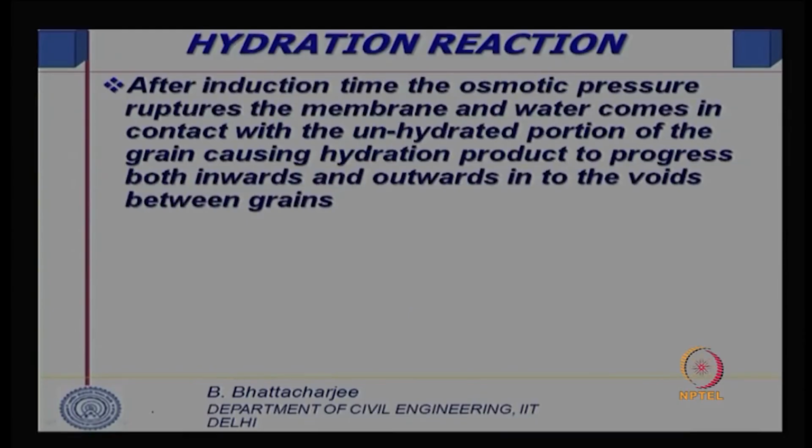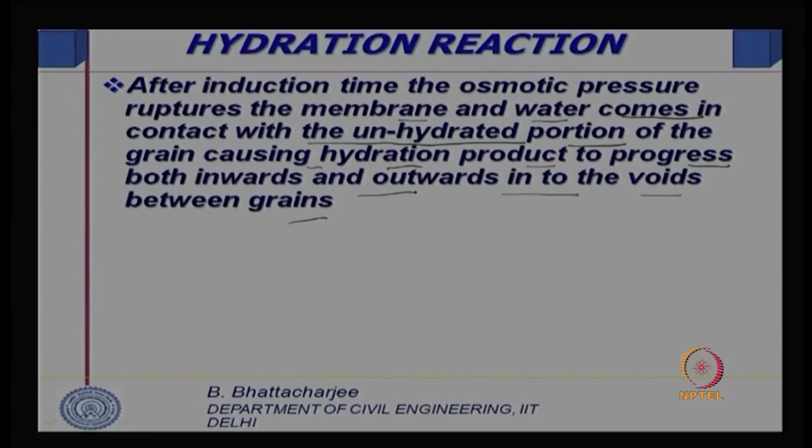and after the induction time, the osmotic pressure ruptures the membrane, and water comes in contact with the unhydrated portion of the grain, causing hydration products to progress both inwards and outwards into the voids between the grains.